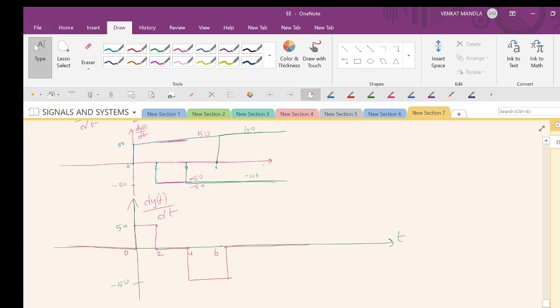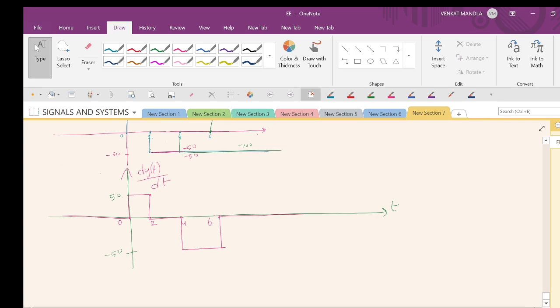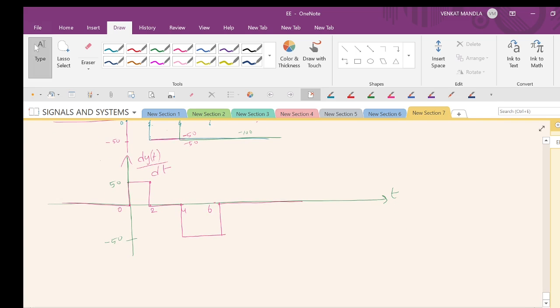Now I want y(t), right? So I need to integrate it. If you integrate a step signal, you will get a ramp, right? A ramp with the slope of the step size. Suppose some k into u(t) is there. Then if you integrate it, integration of some constant from 0, you will get some k into t.